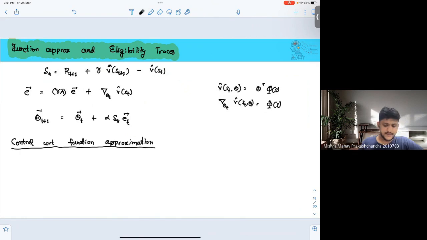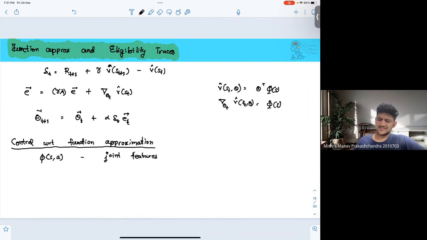So instead of having a phi-s representation for each state, I do an encoding for a state action pair. How? So earlier I had phi of s. So for control, I need to make a state action pair representation. You can think of it as joint features that we maintain.